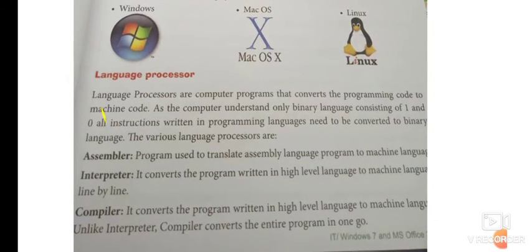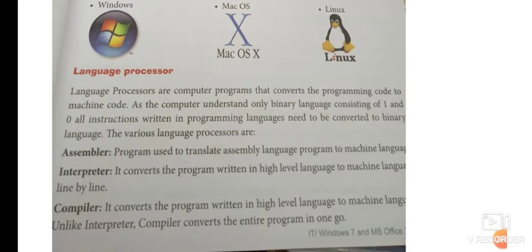As the computer understands only binary, consisting of 1s and 0s, instructions written in a programming language need to be converted to binary language. So all the instructions written in a high level language need to be converted into low level language or machine language, that is 0 and 1. Here we have some language processors: assembler, interpreter and compiler.